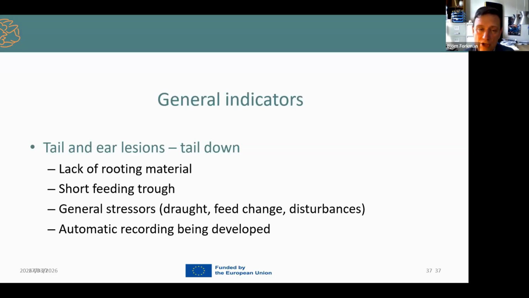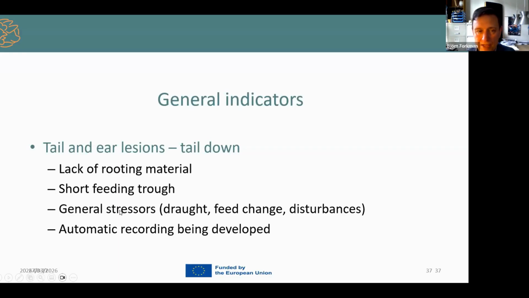What you can do is to look for tail down behavior. So if more pigs have their tails down, it actually means that there's something wrong in the pen. Either the piglets are sick or there's going to be a tail biting outbreak.